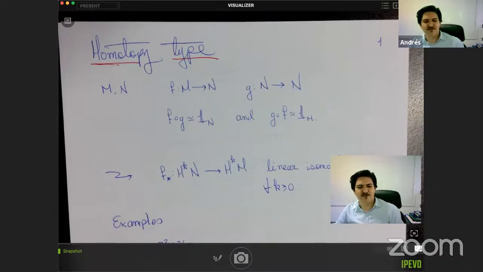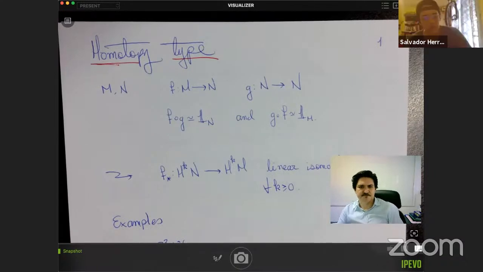Remember, so you are supposed to know the cohomology of which manifolds? Hopefully Rn.